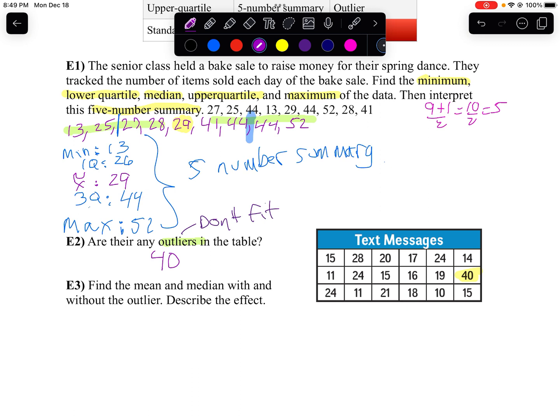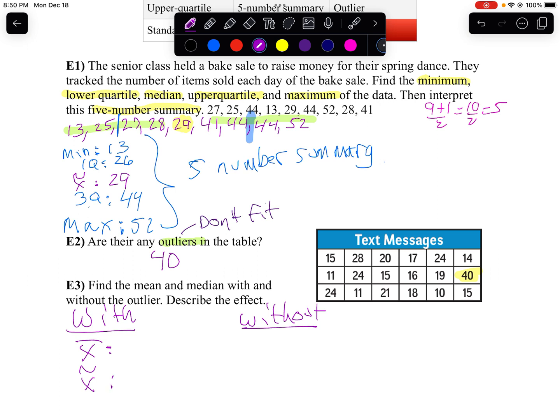Is there some technology that'll help save some time? Yes, there is. Desmos will do that for you, and we've got to teach you how to do that. So first off, we're going to compare with our outlier and without our outlier. So we're going to find the mean and the median.